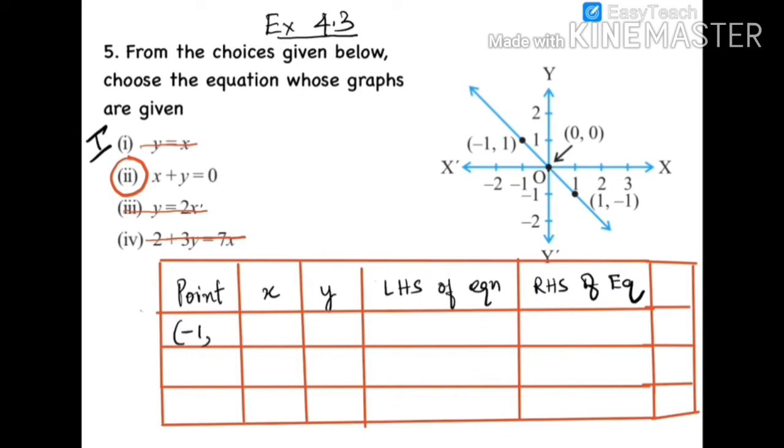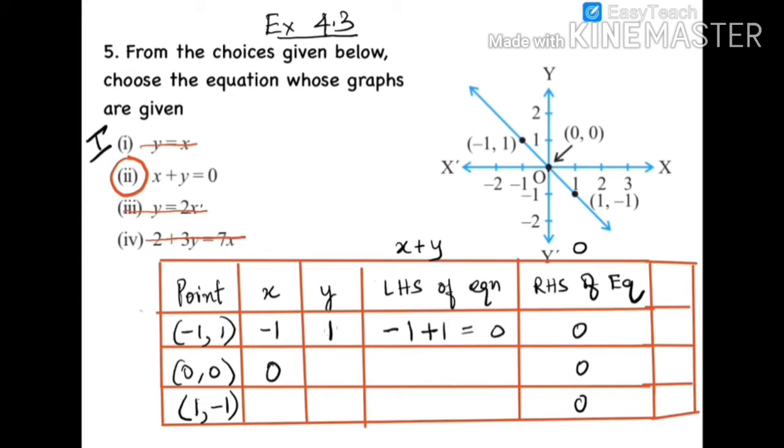So the 3 points are minus 1, 1, 0, 0, and 1, minus 1. So the x coordinate is minus 1, y coordinate is 1. So the left hand side of the equation is x plus y and right hand side is 0. So left hand side of the equation will be minus 1 plus 1, and that is equal to 0.